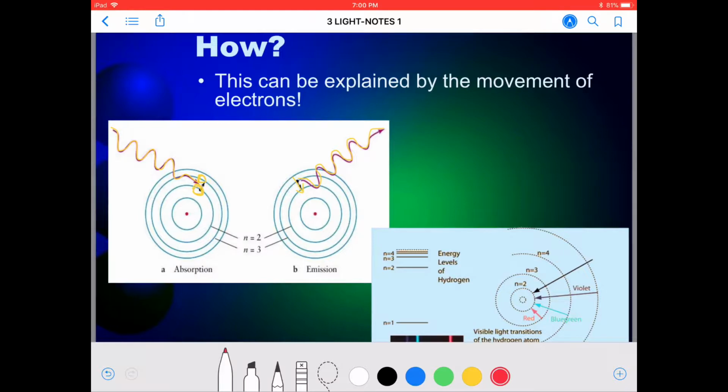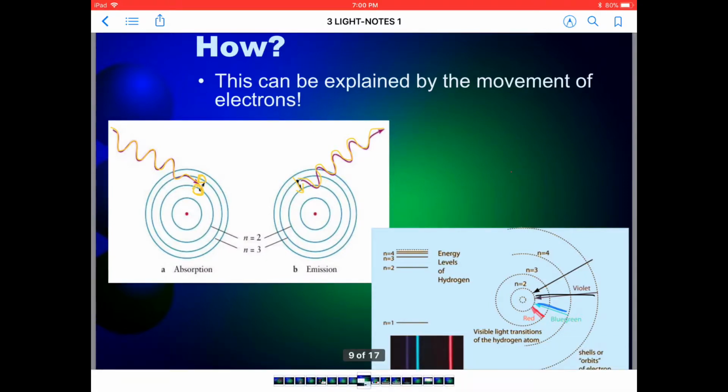If the electron is traveling just a very, very small distance, that's what gives off the red color. A little bit more of a distance is a greenish blue color, and the highest energy that it can give off would be in the purple color range. Those are the largest distances that the electrons then travel.